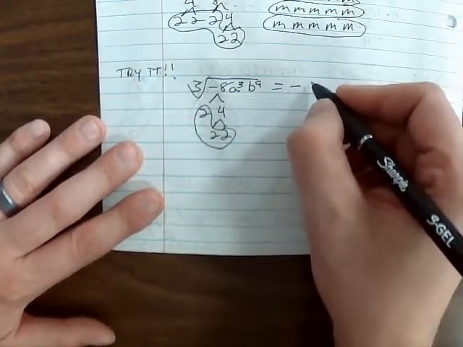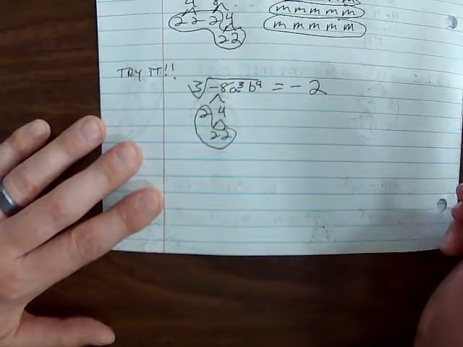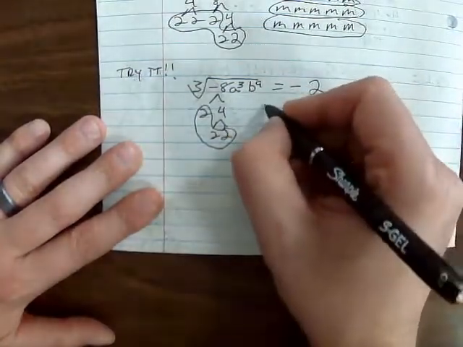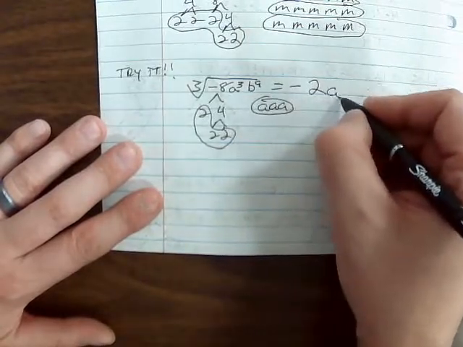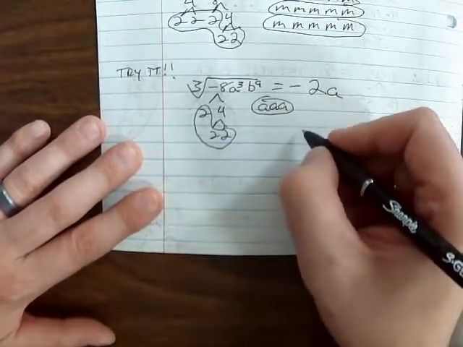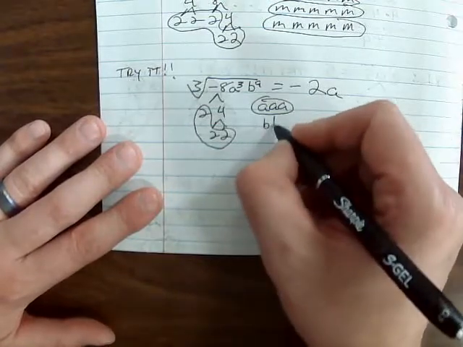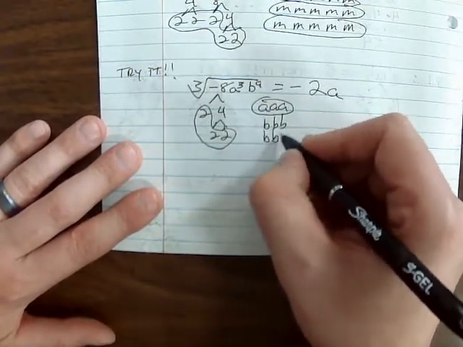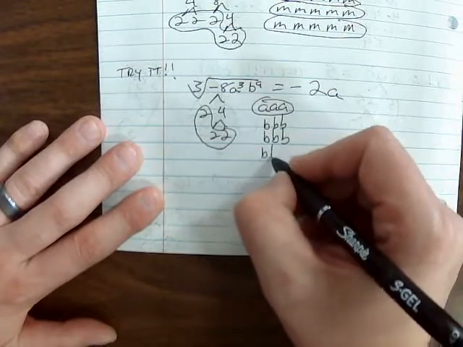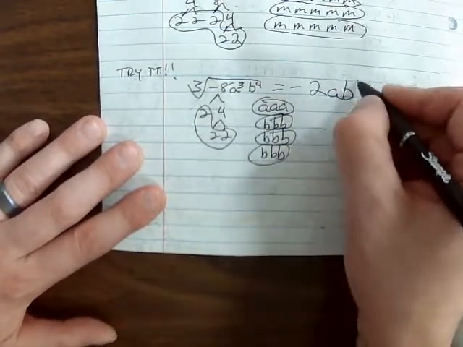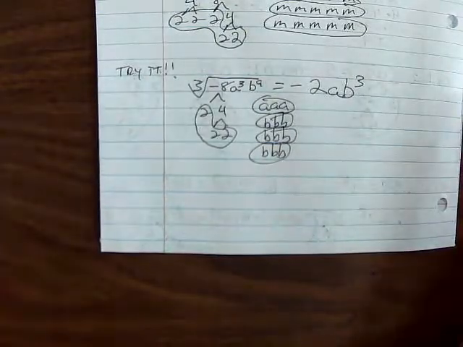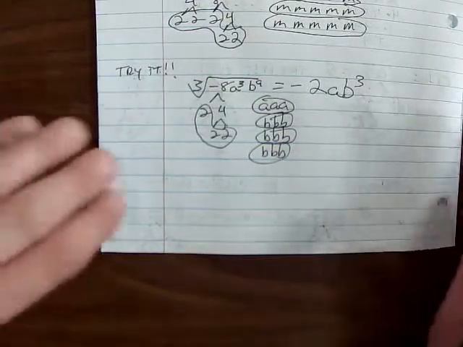Just because you don't like it doesn't mean you can get rid of it. I have 3 a's, 1, 2, 3. All 3 of those get out, and now I have 9 b's. So I'm going to do 1, 2, 3, 4, 5, 6, 7, 8, 9. So 1, 2, 3 sets of b's get out. So negative 2 a b cubed.